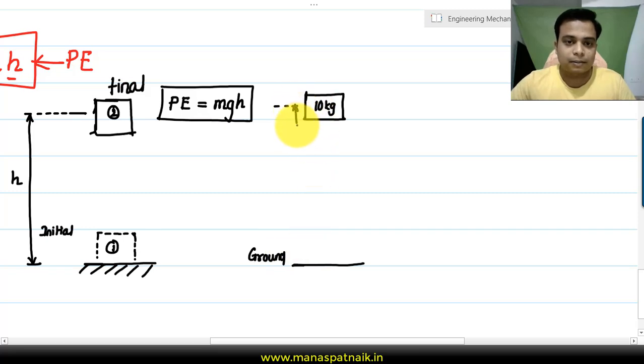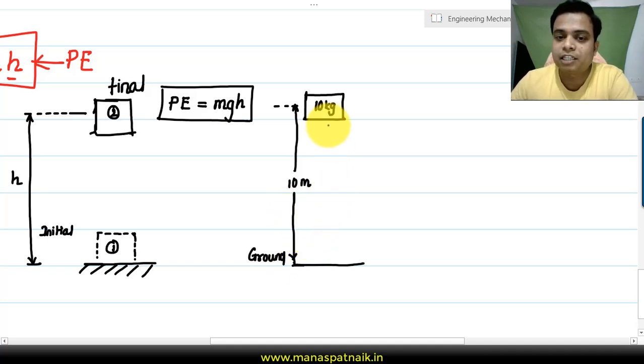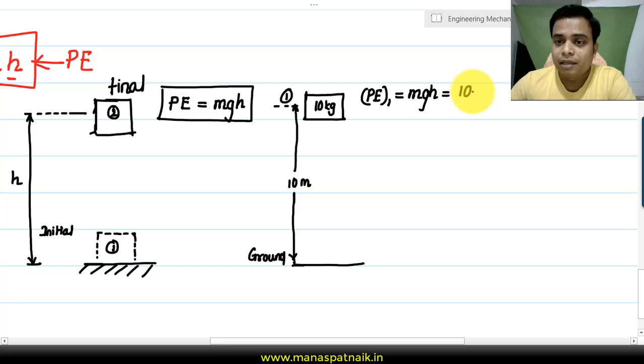So this block is at a height of 10 meters above the ground. If someone asked us what is the potential energy of this block in position 1, this can be computed very easily. It's going to be equal to mgh. So m is 10, and let's just assume for the time being that acceleration g is 10 meters per second square, into 10, right?